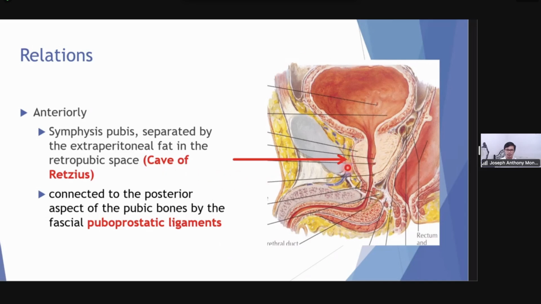Okay, so don't get confused. So basta anterior to it, if I ask during the examination, anterior to the prostate, your answer would be pubic symphysis. But if I ask specifically, it is separated by the extraperitoneal fat in the retropubic space, or the cave of Zeus. Okay. So don't get confused. Take note of this slide also.